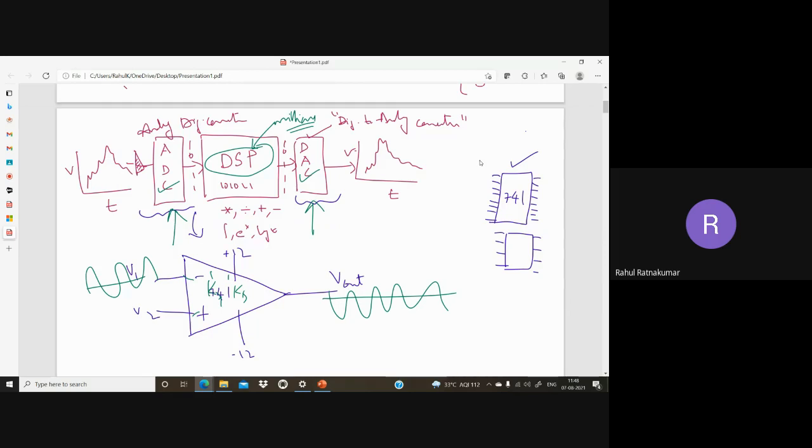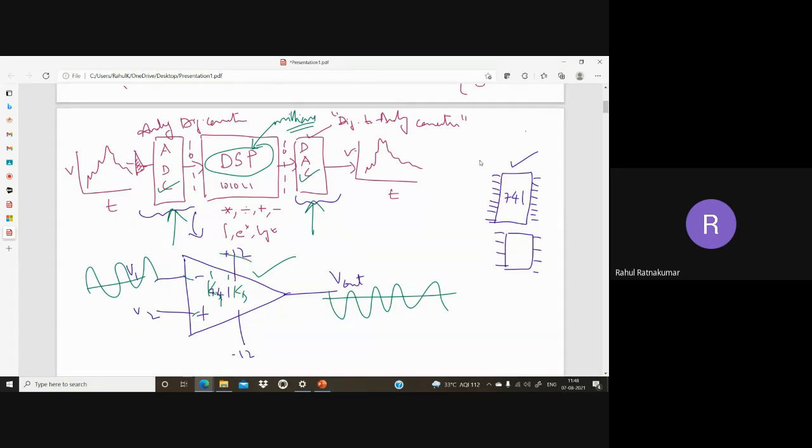So you can see op-amps for simple processing like addition, subtraction, division are the best solution because it is fast, less power consuming, uses fewer resources, and minimizes my design time also.